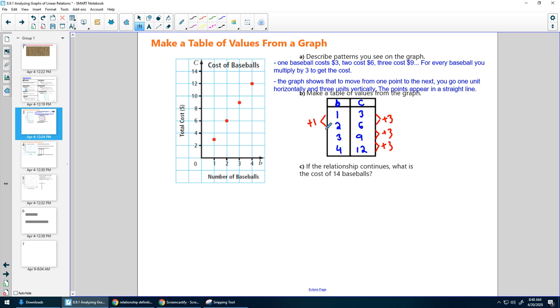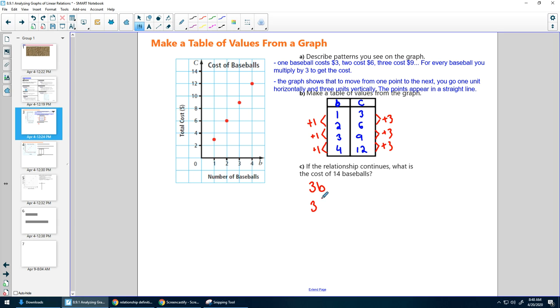So for every 1 baseball, we are multiplying by 3 because 1 baseball times 3 is equal to $3. 2 times 3, $6. 3 times 3, $9. 4 times 3, $12. So the relationship is 3B.